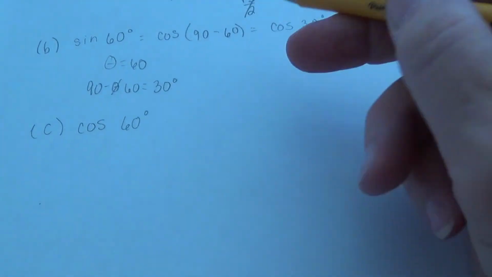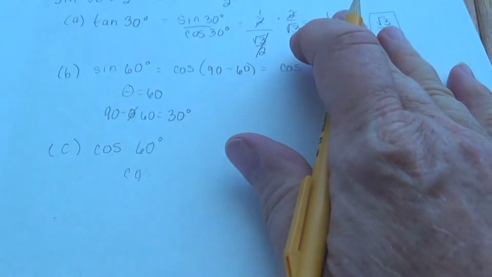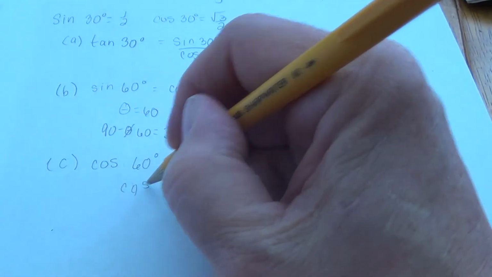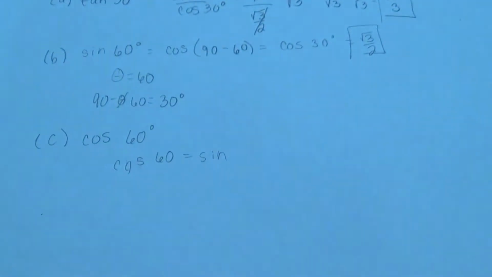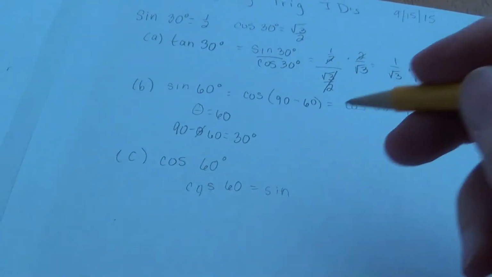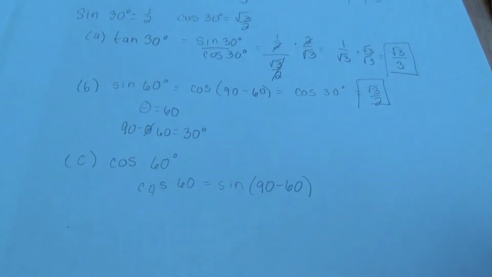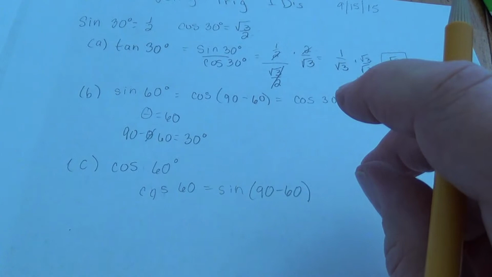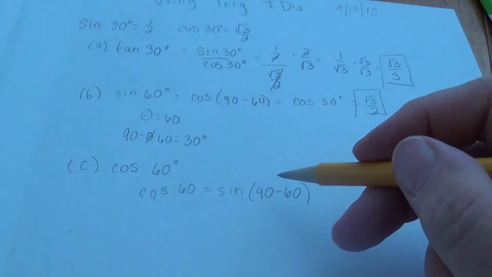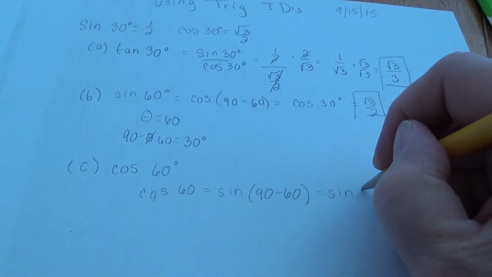So I can fill in cosine of 60 equals the sine of 90 minus 60, which is sine of 30.